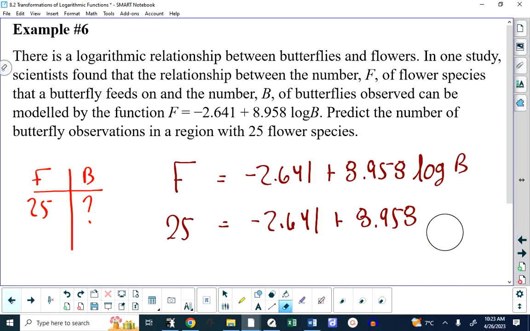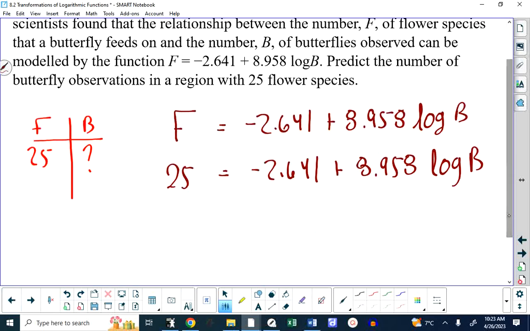Well, you're going to do the same thing, but you're not going to get x, you're going to get log of b. And I'm going to give everybody 10 or 15 seconds to calculate what log of b will be equal to. And it's okay to put it in a decimal form.